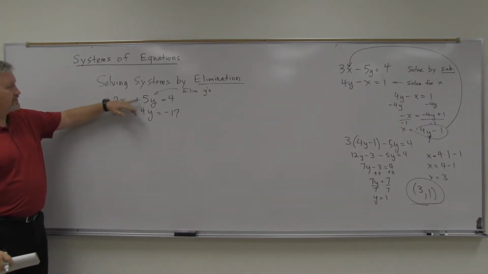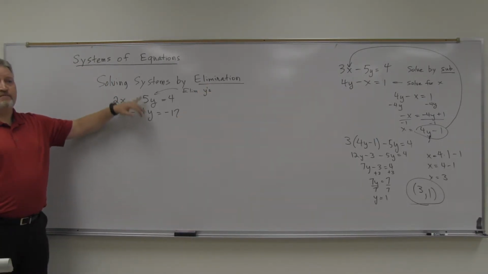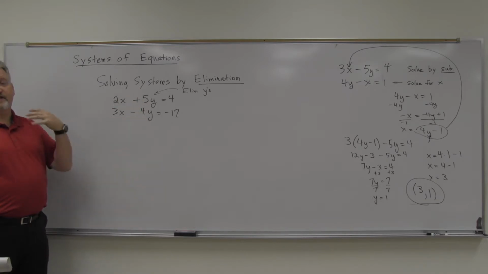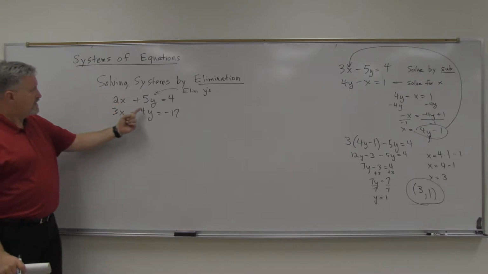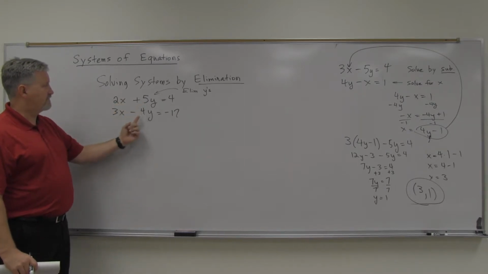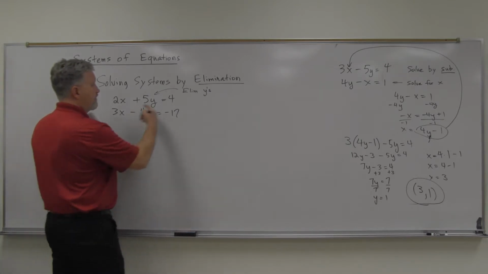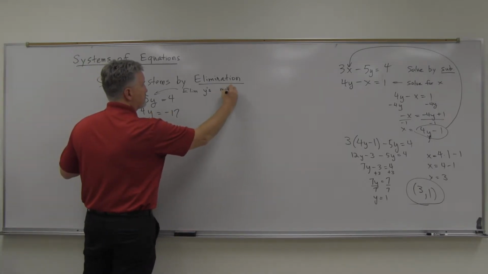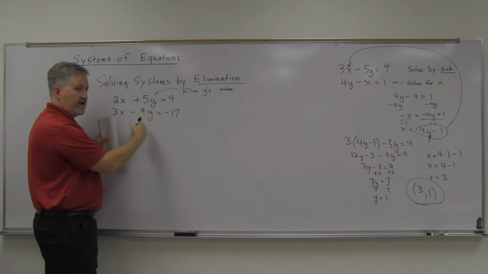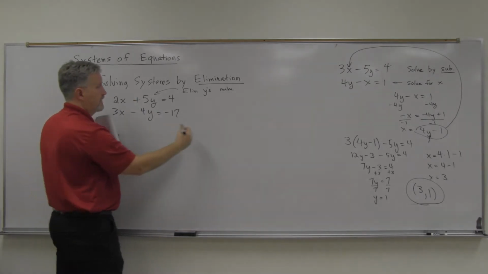To eliminate the y's, what I need to do is make the coefficients match, except one's a positive, one's a negative, right? In this particular case, I've got 5 and 4, and so it's the least common multiple of those, which is 20. So I want to make both of them 20, but one a positive 20 and one a negative 20.